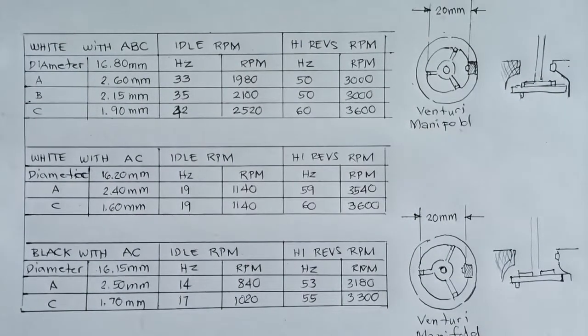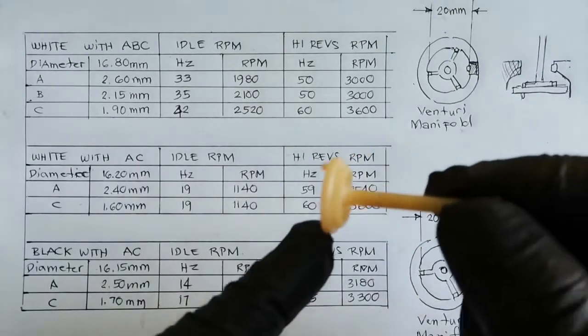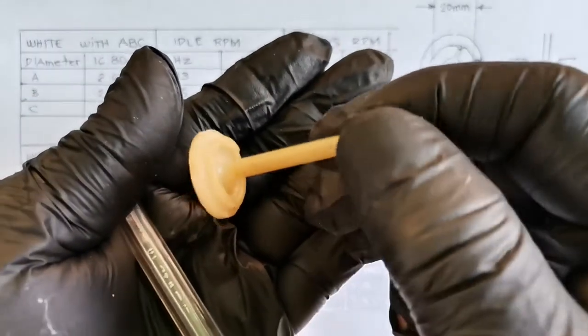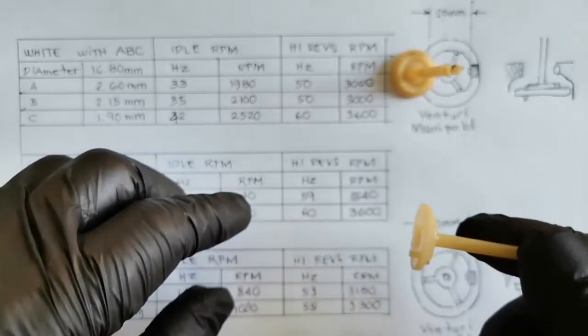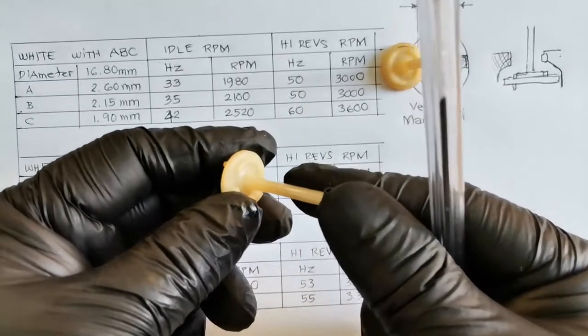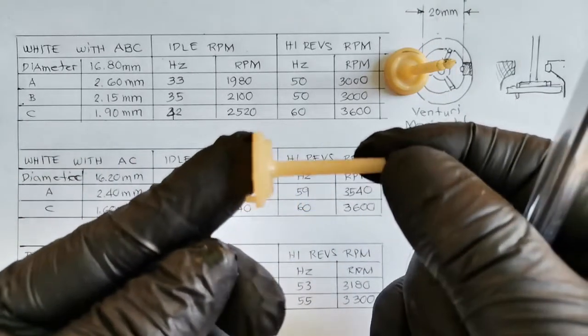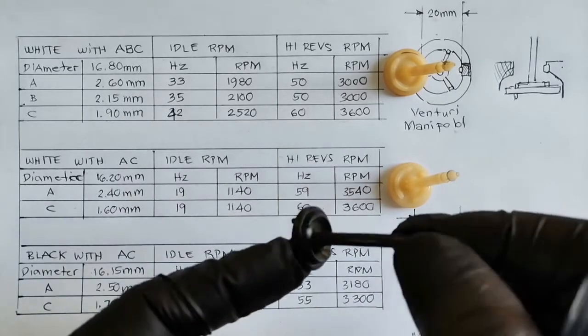Okay, this is our final results. The first table on the top is for the first poppet bulb, the second table is this one, and the third one is the black.